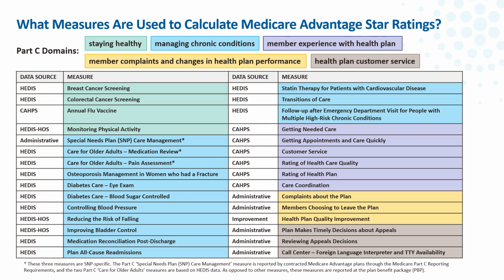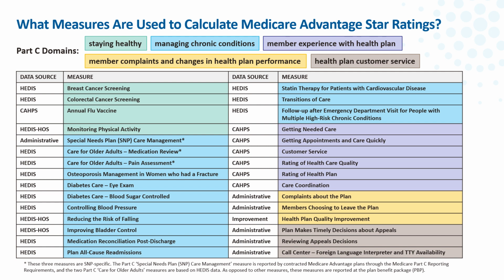As an example, for staying healthy, the measures under this domain are shaded in green and listed at the top left of the table. These include 2 HEDIS measures examining the rate of cancer screenings, 1 annual flu vaccine measure derived from CAHPS data, and 1 measure focused on monitoring physical activity.